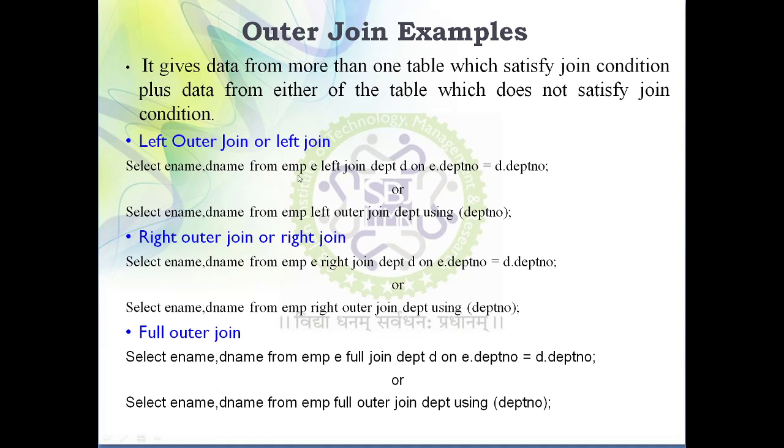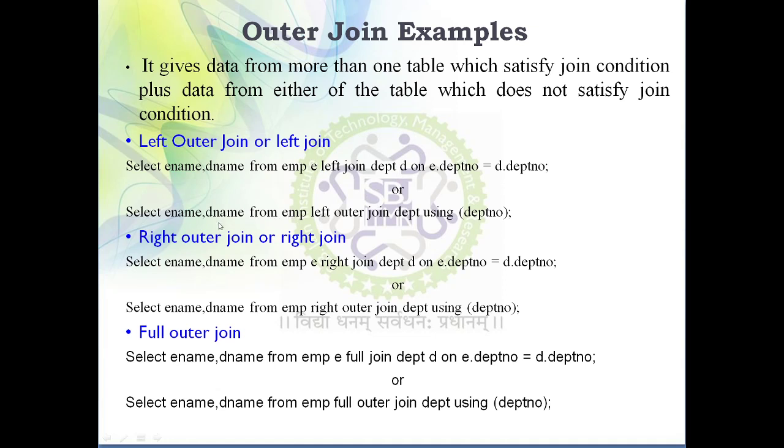In this case we are using the employee table and the department table, and we are performing a left join. Left join means I want the data which is common in both tables, that is the employee table and the department table, and I want the data which is only present in the employee table. For that purpose I have written this query with a left join. This is one way of writing this. There is another way of writing this same query.